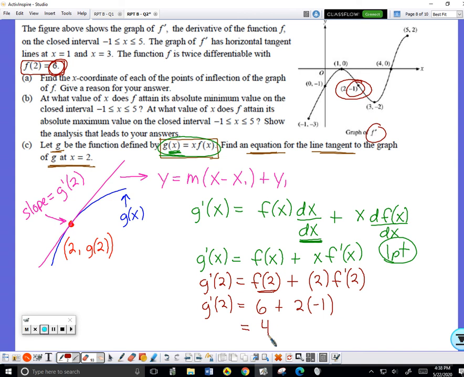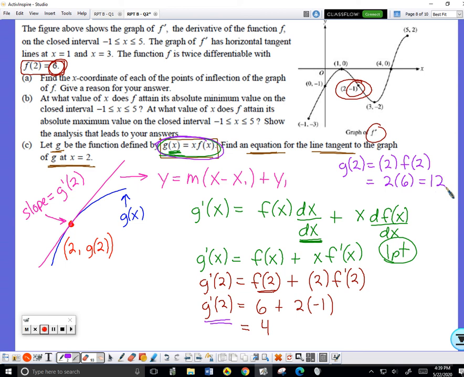Now I need to find, so I've got my g prime of 2, I need to find my g of 2, which is just this formula. So that's x being 2 multiplied by f of 2. That's going to be 2 times 6, that's 12.